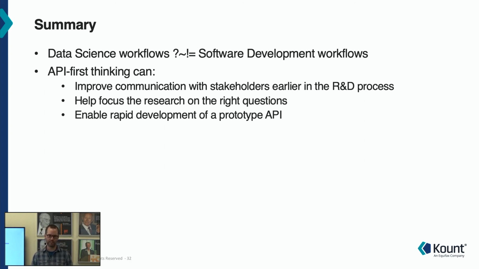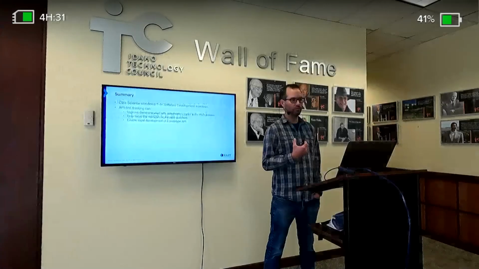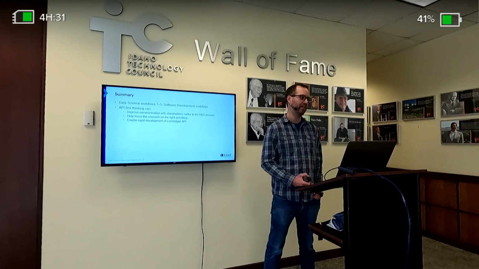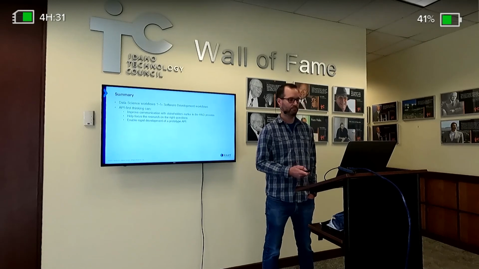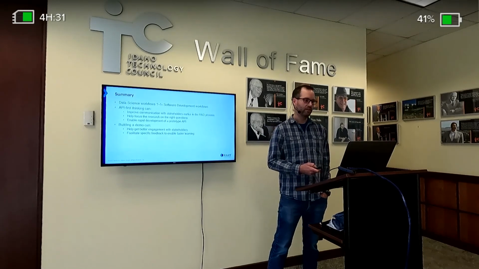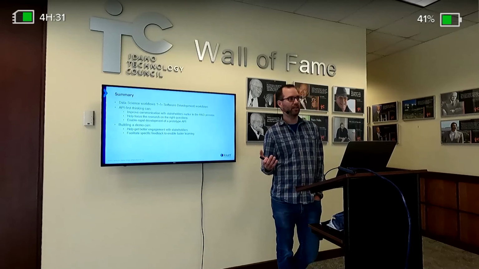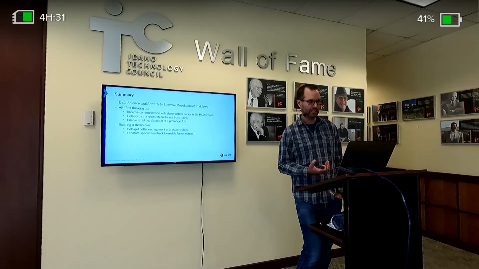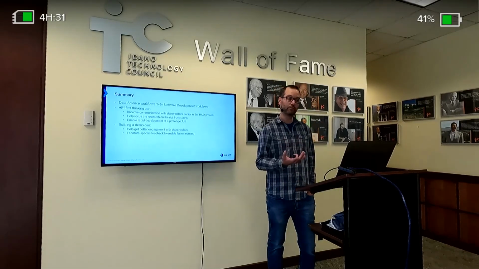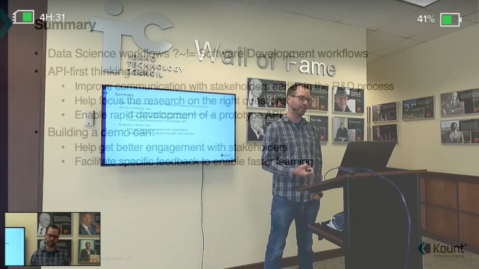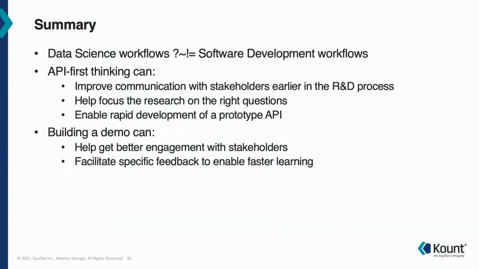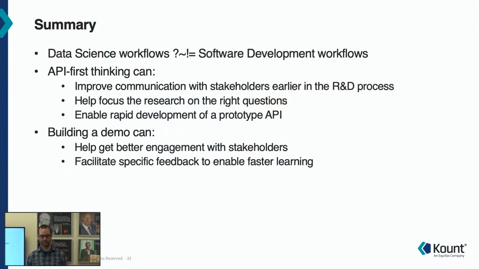And finally, it enables the researcher themselves to rapidly develop an actual prototype for the API. With that API implemented and in hand, you can quickly go build a demo, and you're going to get much faster, much better engagement with your stakeholders, and it's going to facilitate feedback very quickly that's very specific and enable you to learn quicker.